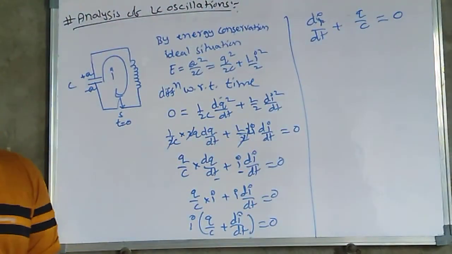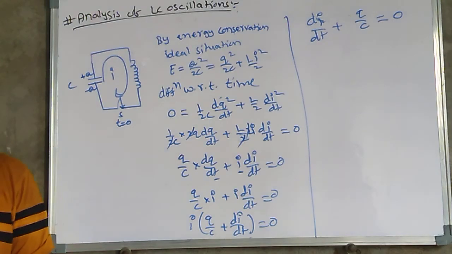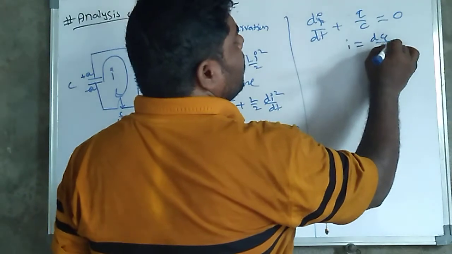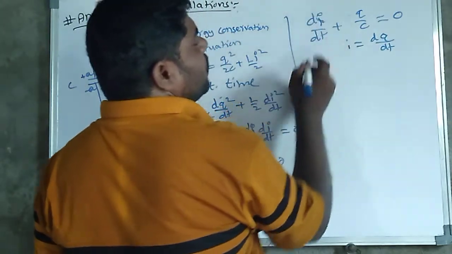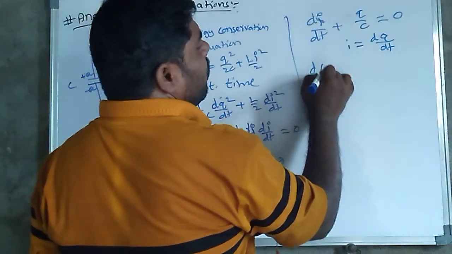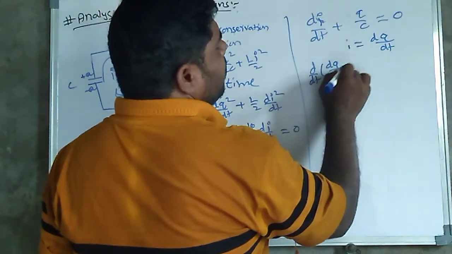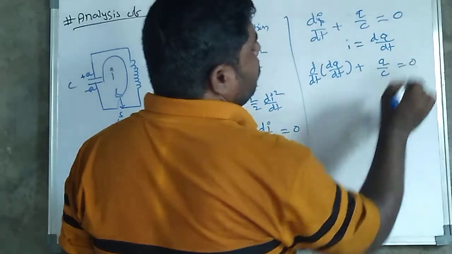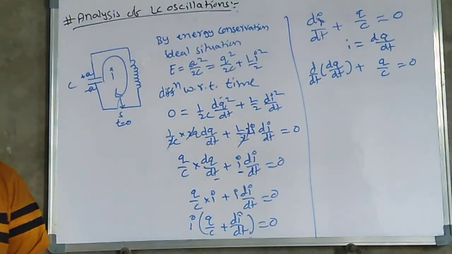Already we know I is equal to dq by dt. Substituting this value, d by dt of dq by dt plus q by C is equal to 0.